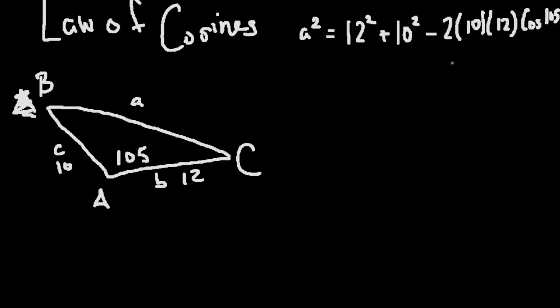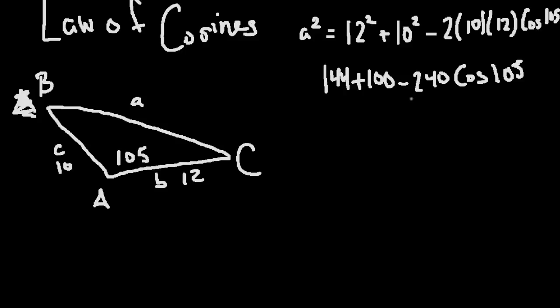We'll simplify this to 144 plus 100 minus 240 times cosine of 105 equals a squared. So this equals 244 minus 240 cosine 105.